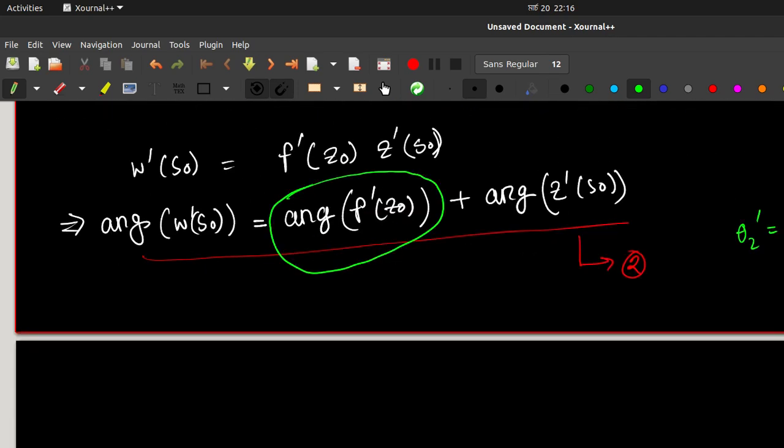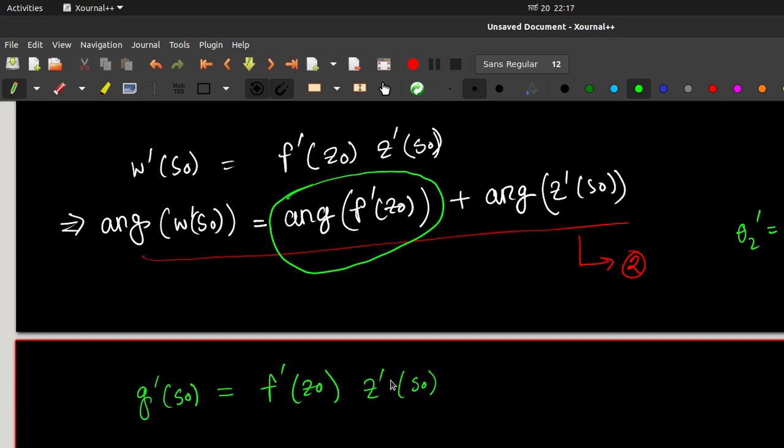So you can do a similar analysis for the other curve, and let's write the other curve not as w equals, but as some g. Similar analysis would yield the result that g prime of s naught, since they are intersecting at that point z naught, which is represented with the parameter s naught, will be equal to f prime of z naught times z prime of s naught, right?